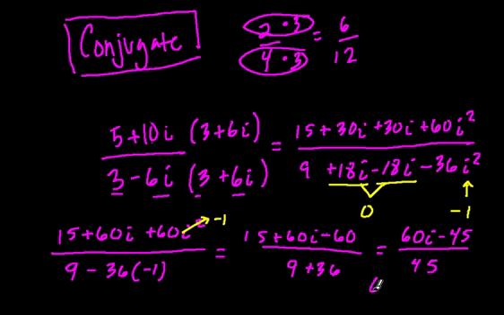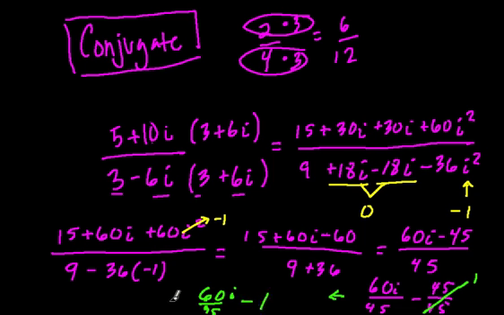You can think of this as 60i over 45 minus 45 over 45. So you want to separate, remember we're dealing with complex numbers, we want to have the part with the imaginary value and the part with the real value. And in this case we have something that cancels out nicely. 45 divided by 45 is just 1. So over here we could write this as 60 45ths i minus 1.